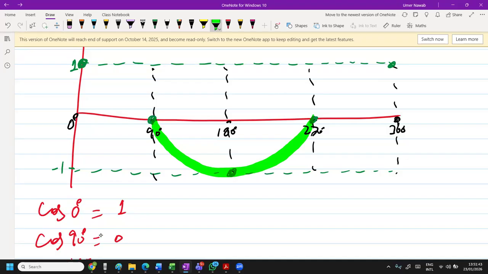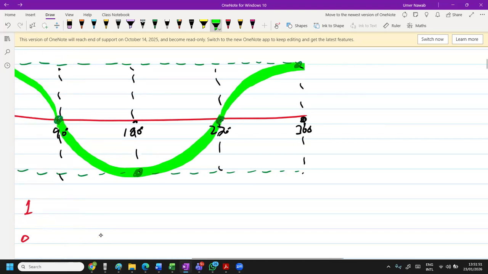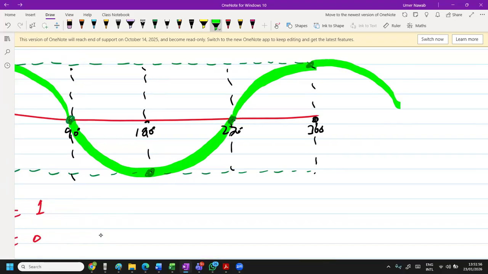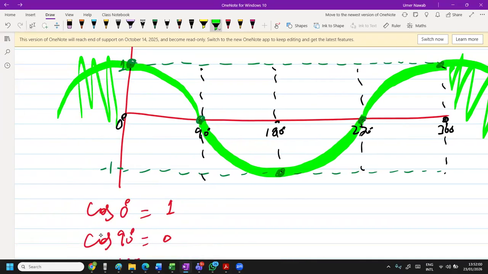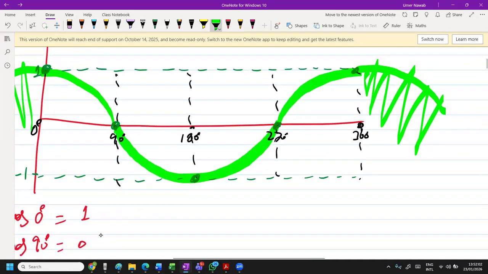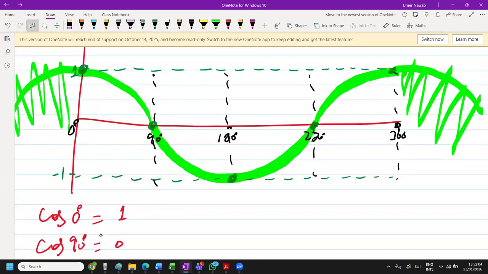And then it should be concave down like this, because it will create a wave here. But we are not taking the graph beyond 360 or below 0 degrees, the clockwise angles. So we are taking only the cosine graph from 0 to 360, which looks like a necklace.